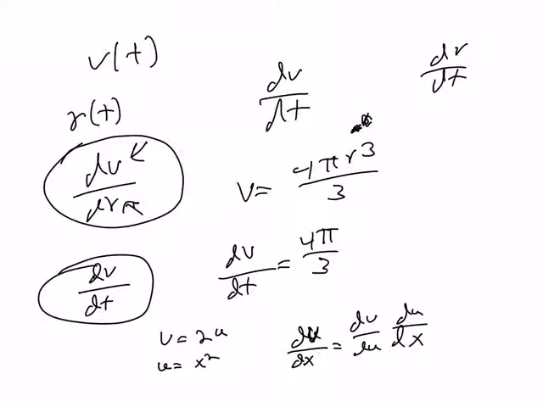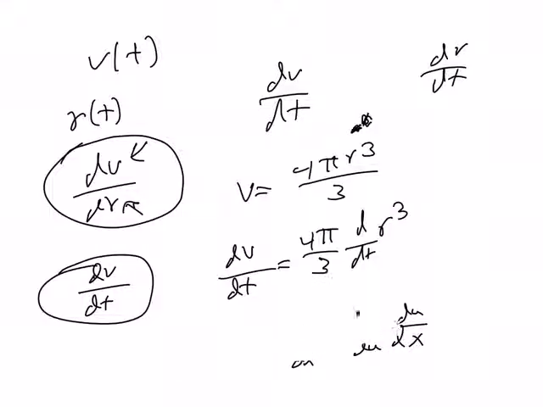Because that r is expressed in terms of t, we can take d over dt of r to the third power. So this is dV over dt.